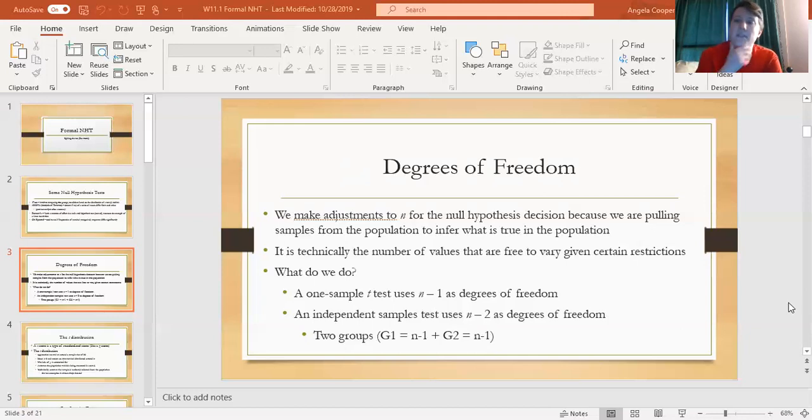So we use degrees of freedom for t-tests and ANOVA because those two tests deal strictly with samples. You're taking 50 men and 50 women in this condition for a t-test, let's say, an independent samples t-test, we have two groups. Maybe you want to look at the difference between history majors, psych majors, and English majors in their GPAs.